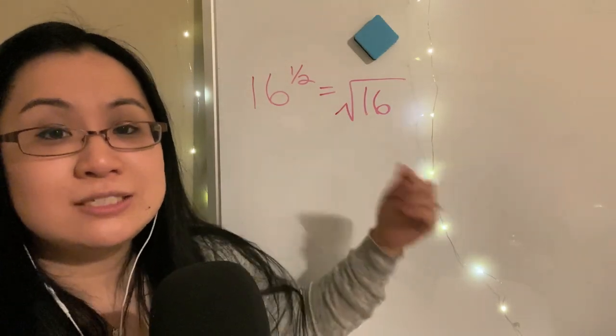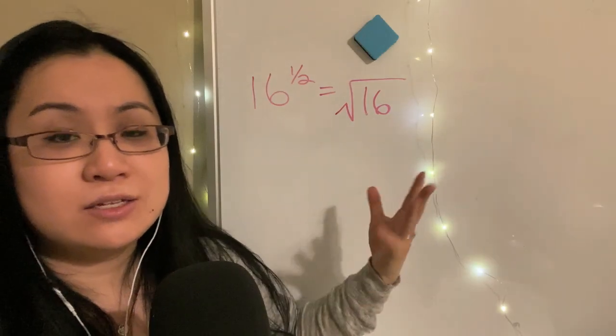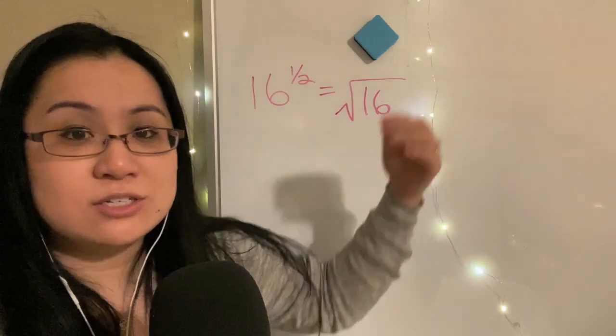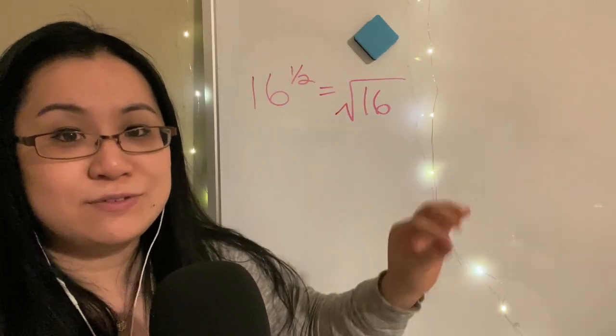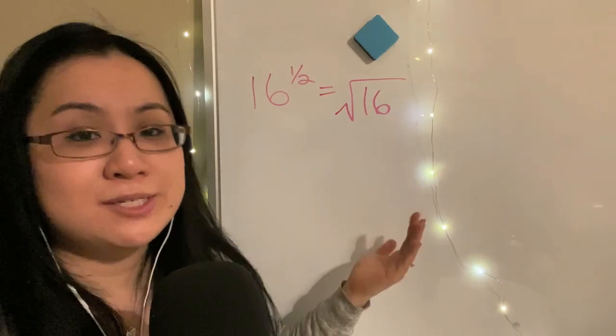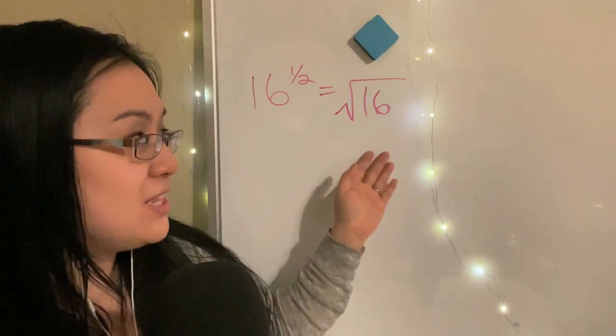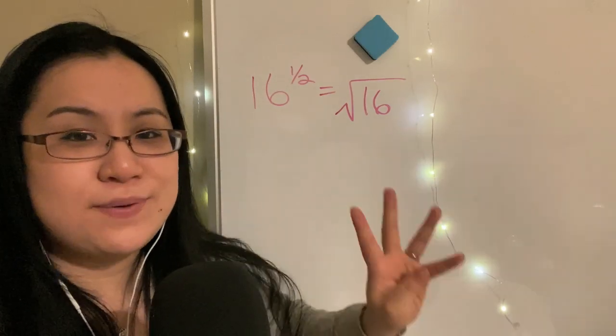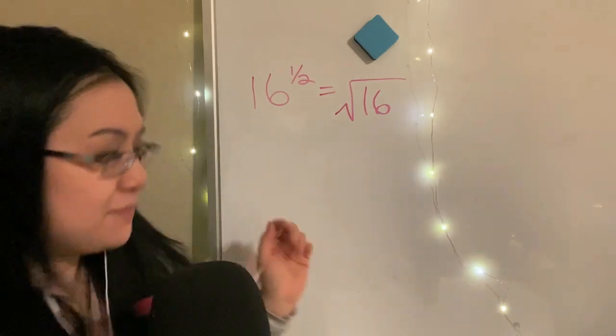So what number times itself, like 3 squared, again in our classic situation, 3 squared would be 3 times itself twice. So what number times itself gives me 16? And in this case, that would be 4. Excellent. 4 times 4 is 16.